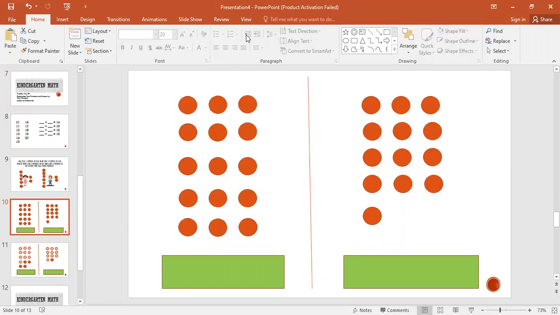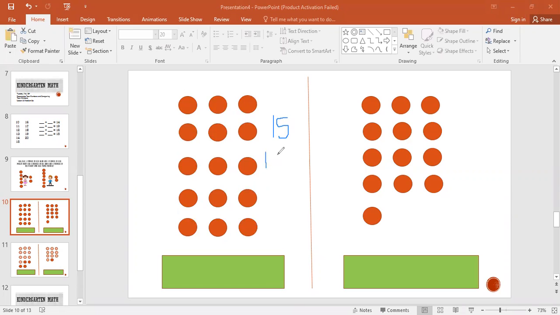So let's go ahead and count part 1 and see how many pennies I have. 1, 2, 3, 4, 5, 6, 7, 8, 9, 10, 11, 12, 13, 14, 15 pennies. I know I have 15 pennies in my first part. How do we say 15 in the say 10 way?